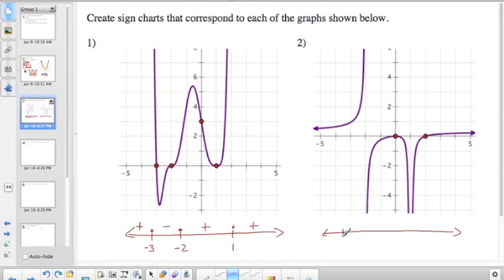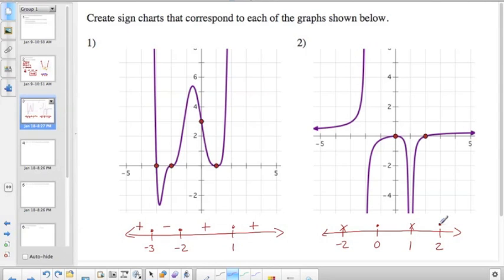So I'm going to put negative 2 down here since that's one of my vertical asymptotes, but instead of putting a little dot above it, I'm going to put a little x there to indicate that it cannot be part of my solution because it is not part of this function. I have a 0 at 0. I have another vertical asymptote at 1, which means another x. I forgot my little dot there for the 0. And then I also have a 0 at 2. So we're going to put a little dot there.